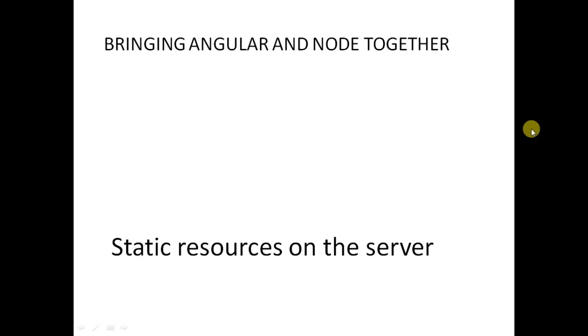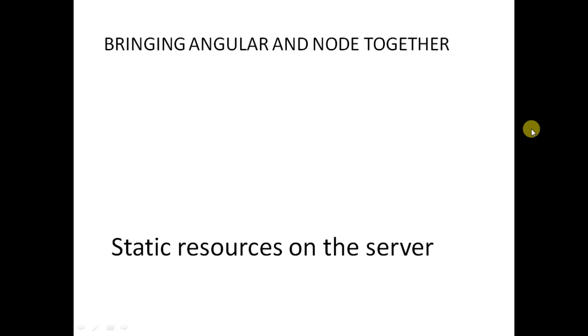Now, static resources on the server. A typical web application deployed on the server includes static resources that have to be loaded in the browser when the user enters the application's URL. Because we are using SystemJS, which does on-the-fly transpiling, the TypeScript files are static resources as well.